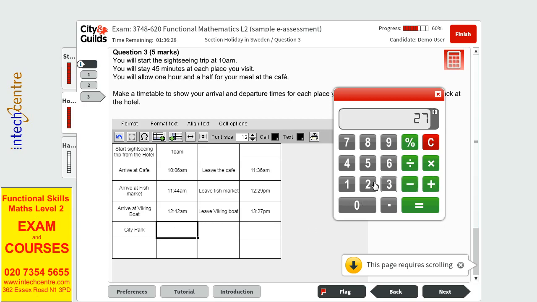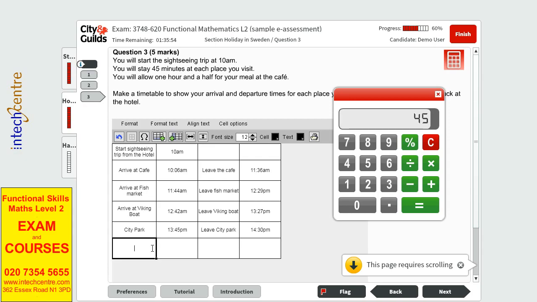So 27 plus 18, it will be 1:45 by the time we get to city park. Again, we'll be staying 45 minutes. So from 45 to a whole hour, 2 o'clock, we'll have 15 minutes. Out of 45 will be 30 minutes left. Therefore, we'll leave city park at 2:30 p.m.